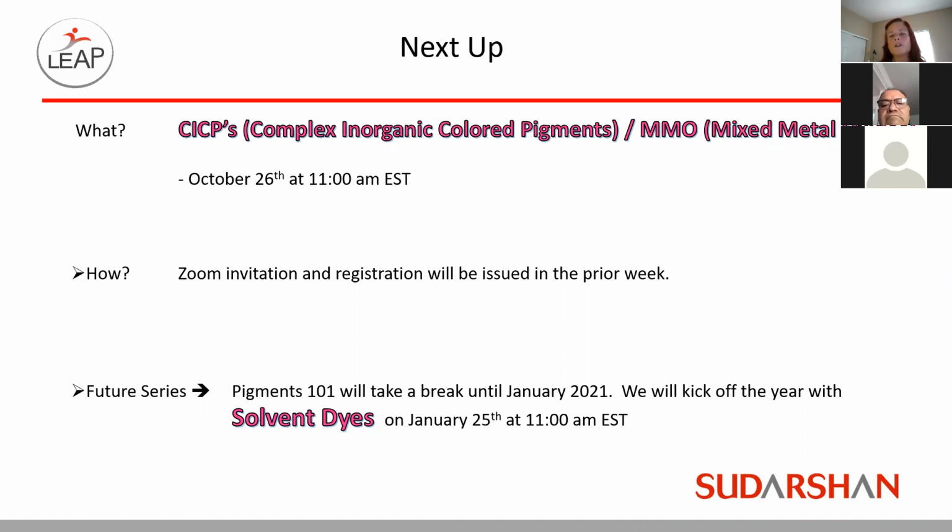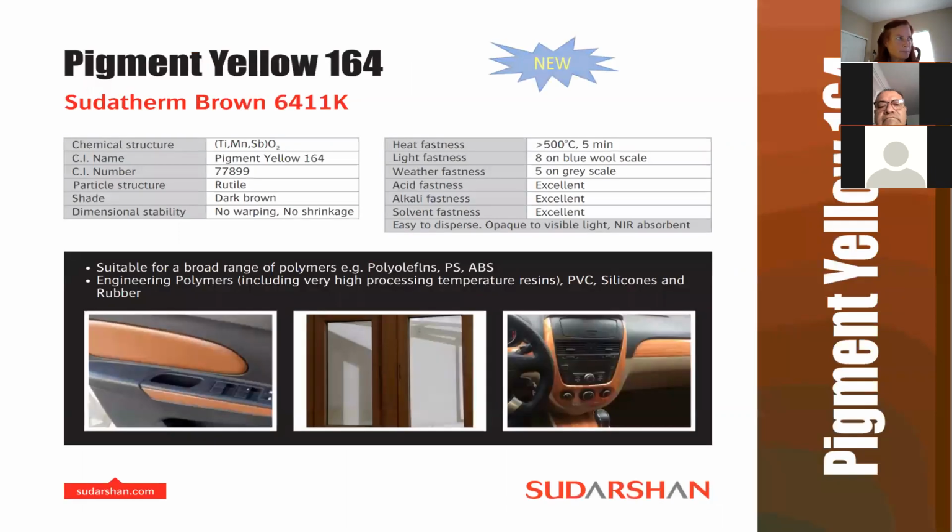And in addition, we will also be present and giving a paper at the Powder Coating Summit in September. So we will skip September. And then in October, we will bring you the CICPs for our webinar series. And then we will take the remainder of the year off as the year-end activities come to a close, and we will pick up the series in January again with solvent dyes.